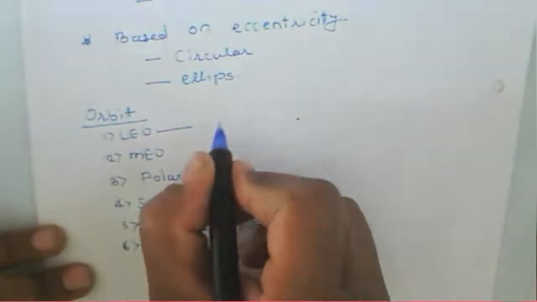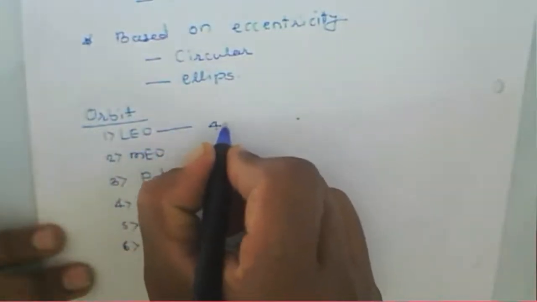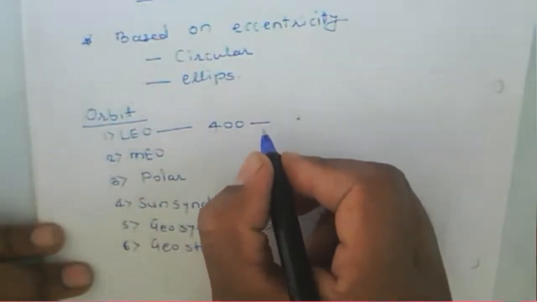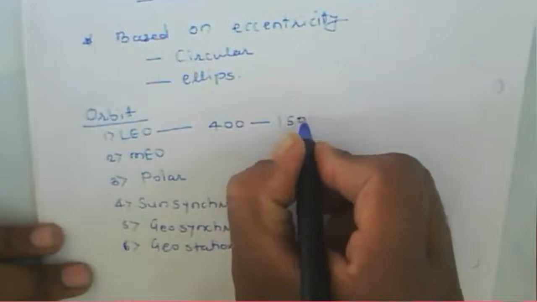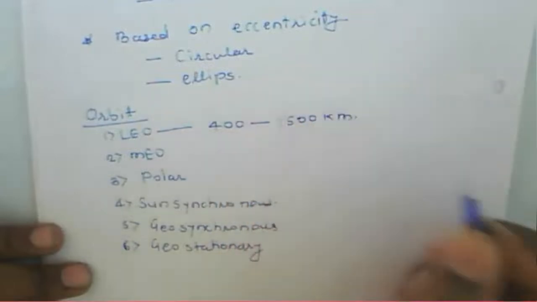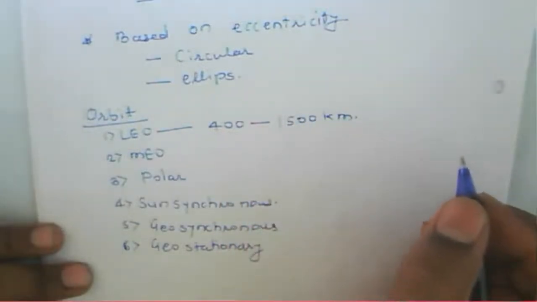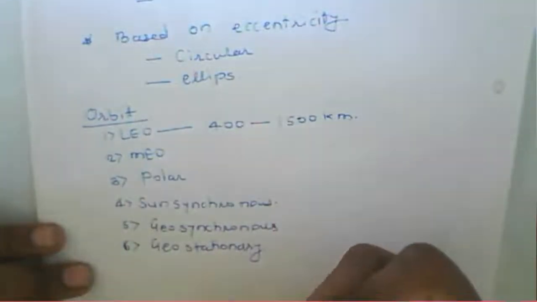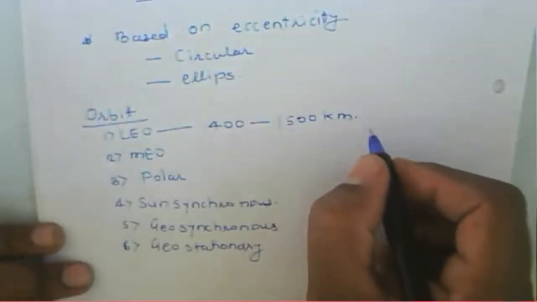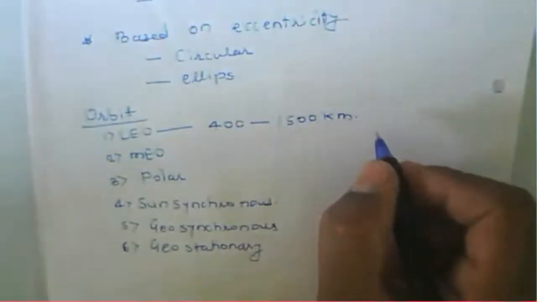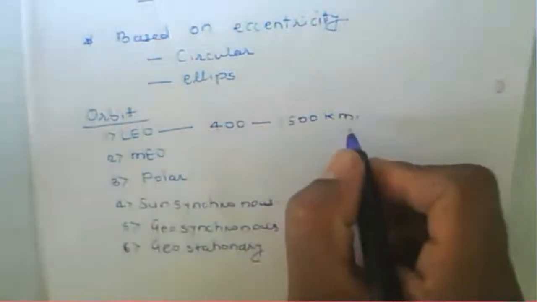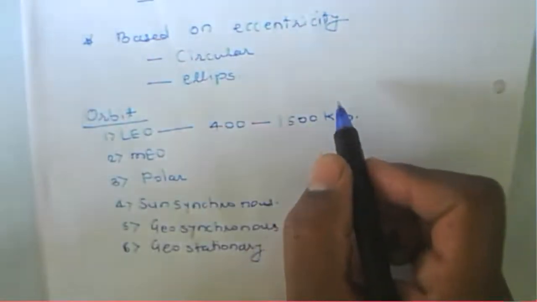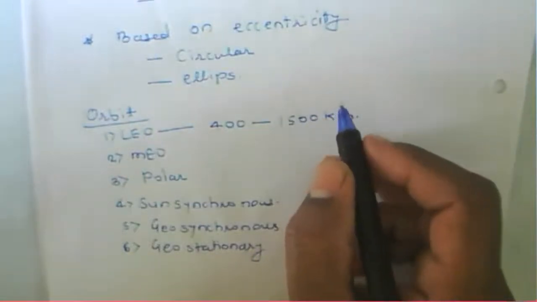In the case of a LEO orbit, we know that the altitude of the orbit is from 400 to 1500 kilometers, and LEO orbits are all inclined ones, and they can be used for communication.